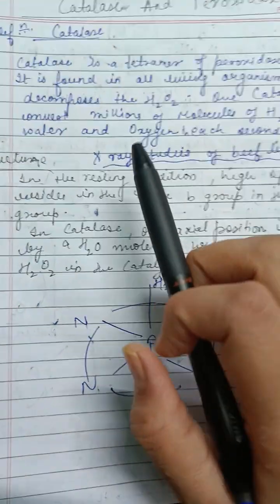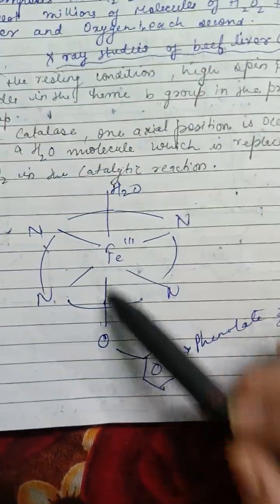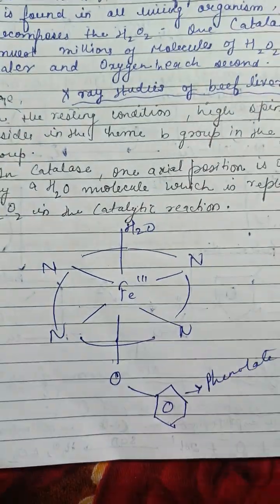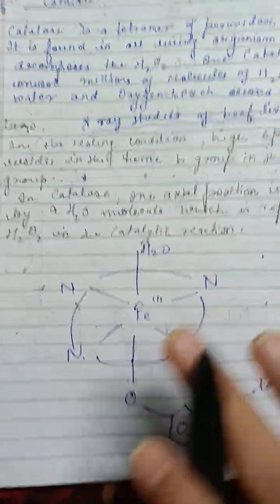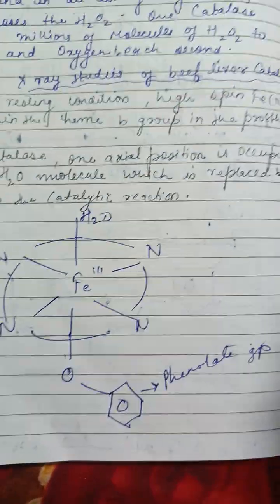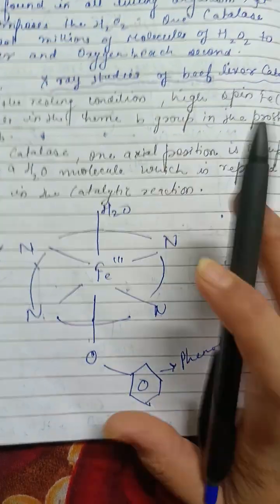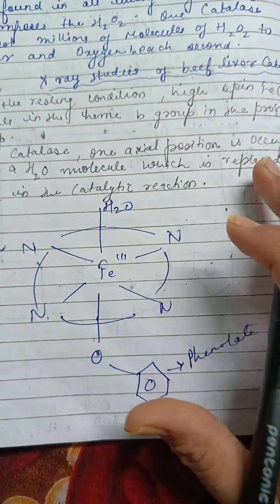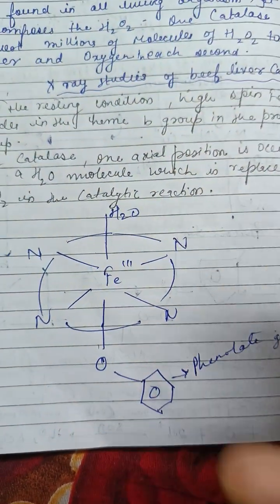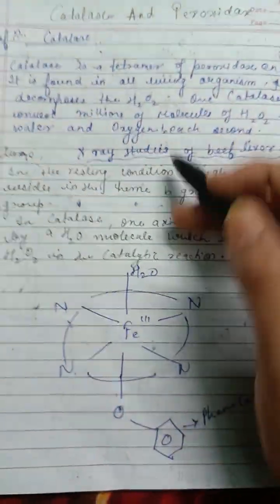So let's find out the details. Firstly, we have to know the structure and the mechanism, how the equations work in catalase. Basically we are going to study beef liver catalase. Why are we studying this? Because only this much information is available on Wikipedia, or this much research has been done by scientists.